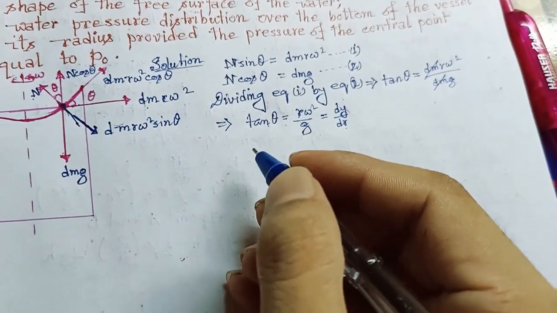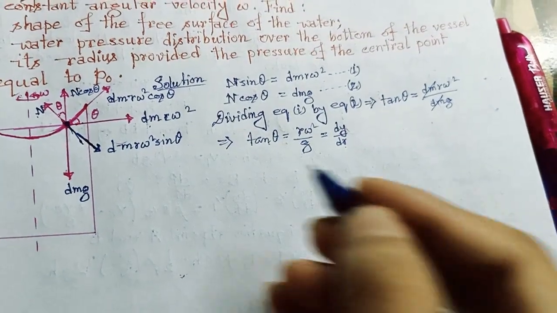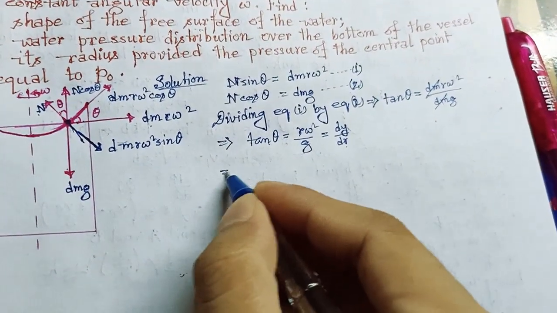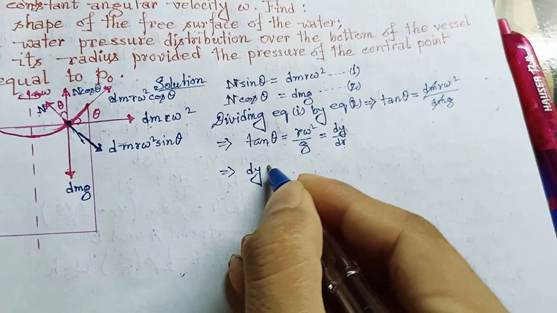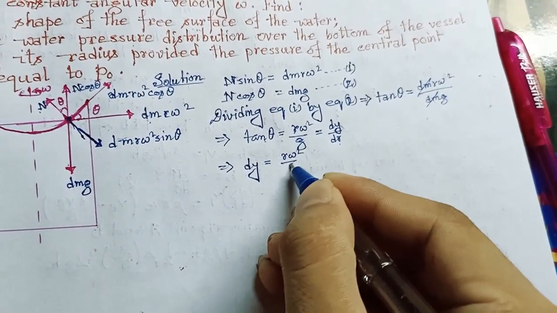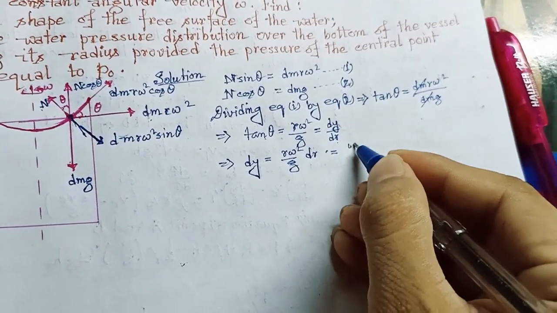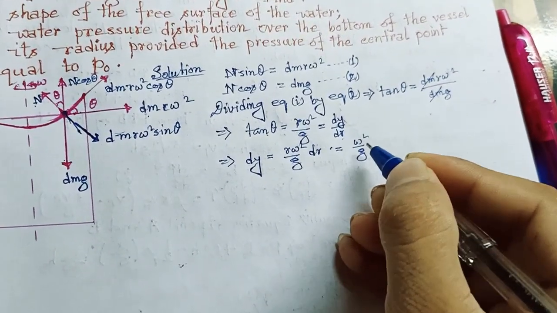So dy will be r omega square divided by g into dr, which is equal to omega square divided by g into r dr.